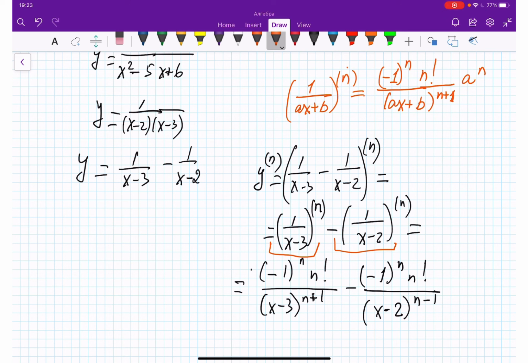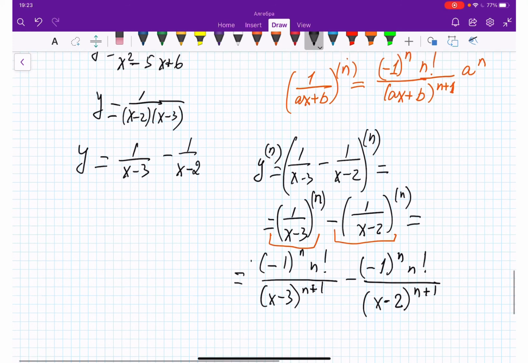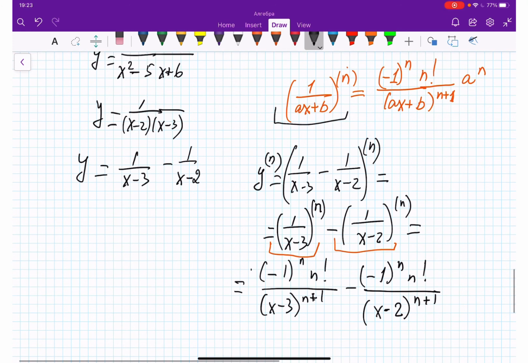Oops, here it's supposed to be plus, I'm sorry. You see, it's matching this and this, the form. Therefore, we have this general form of nth order derivative, so I just apply this nth form of derivative.